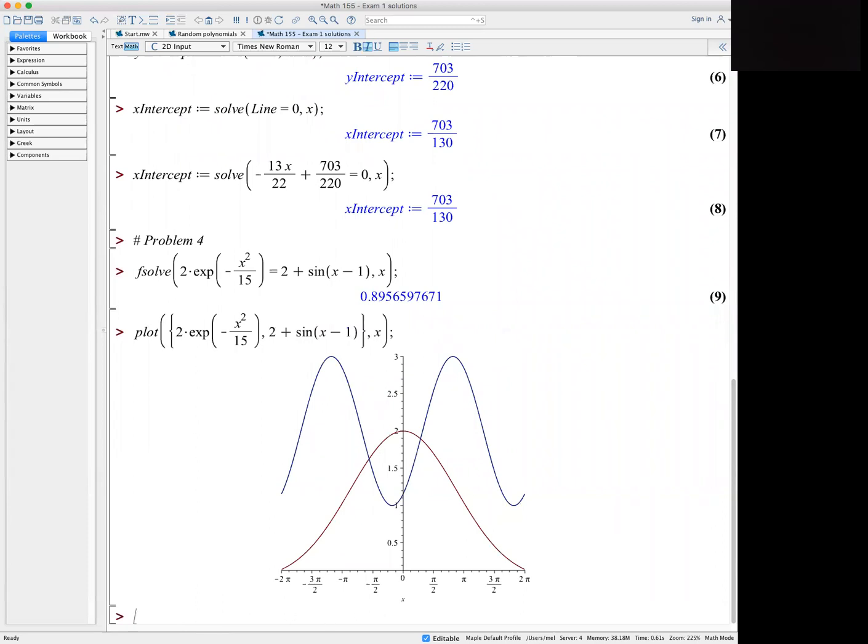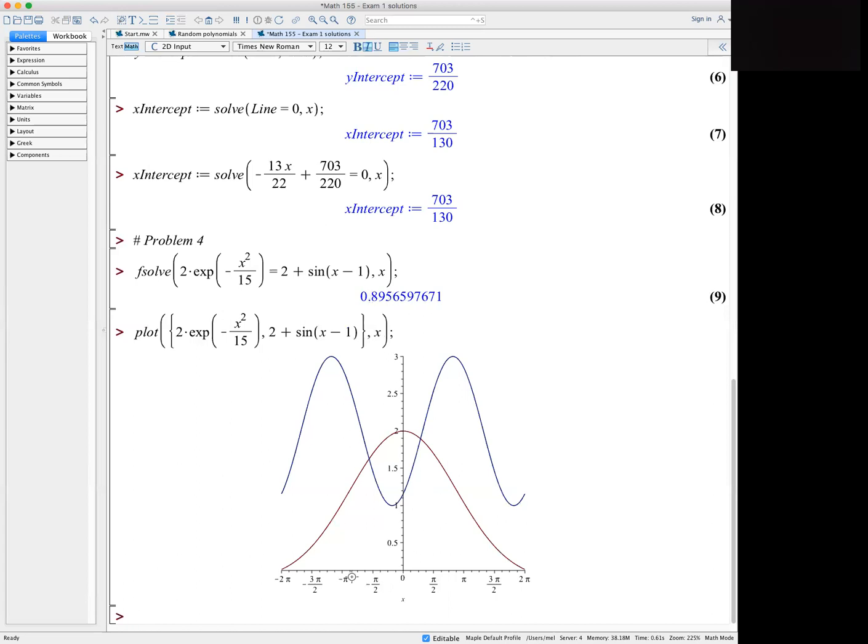So this is really very interesting. So you see the sine wave, that's this, and the exponential function is this, and they cross at 2 points. But Maple only gave us one of them.